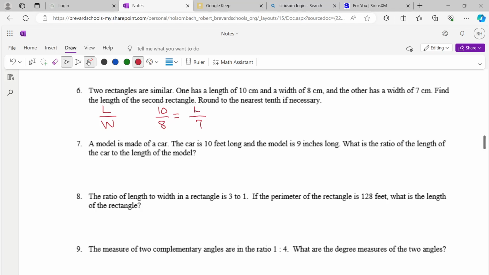So our 8 times L, when we crisscross multiply, we're going to get 8L equals 70. Divide each side by 8. And L is equal to 70 divided by 8, 8.75.